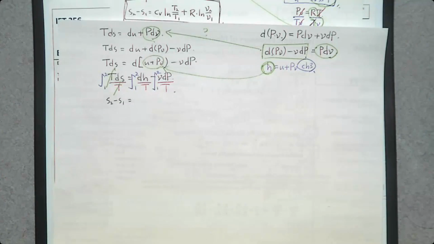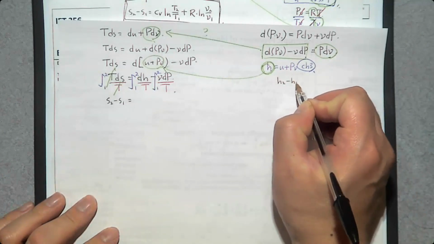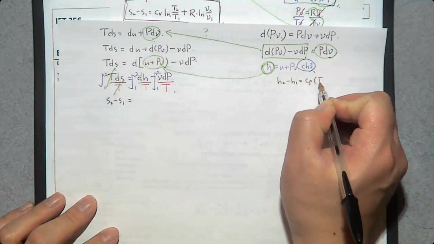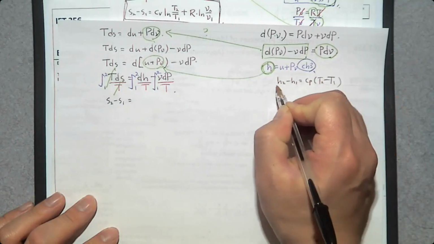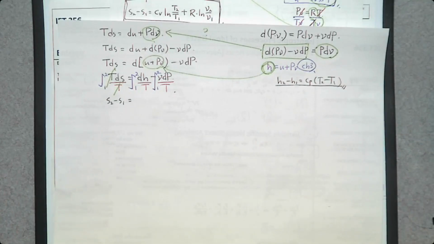So we need to find an equation that has H and T together. That is this one. H2 minus H1 is Cp times T2 minus T1. But this is not in a differential form. So what is the differential form of this equation? dH is Cp dT.